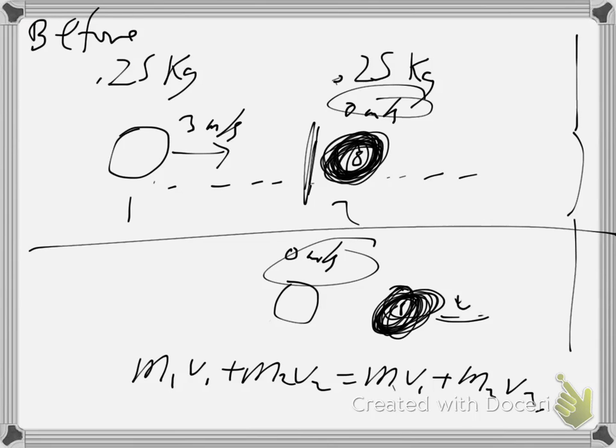Initially, our 8-ball is not moving. So on our initial side, object 2 has 0 velocity, which means I can cancel it out. And after the collision, the cue ball has 0 velocity, so this velocity here is 0, which means I can cancel this out, which greatly simplifies my formula. m1v1 equals m2v2. Basic, simple enough, right?